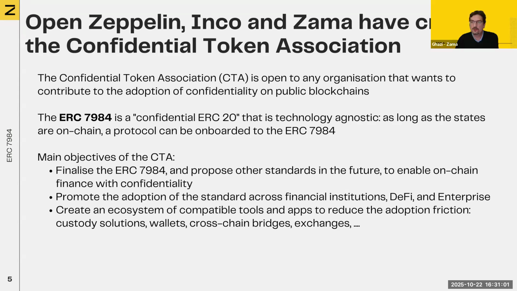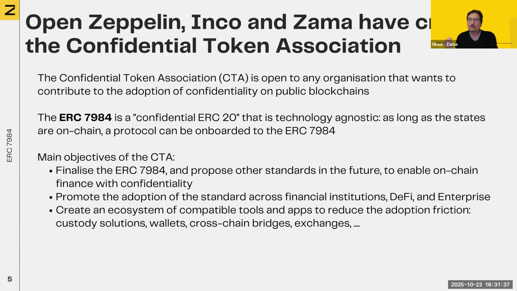To be honest, it's standardization. Maybe the ERC 7984 will evolve. If everyone wants to do this in a certain way and we want to do it another way, we can adapt. But the truth is, what is preventing confidentiality in blockchains is the fragmentation. It's already difficult to start. Let's agree on how we want to represent confidential data in a smart contract or in a token.